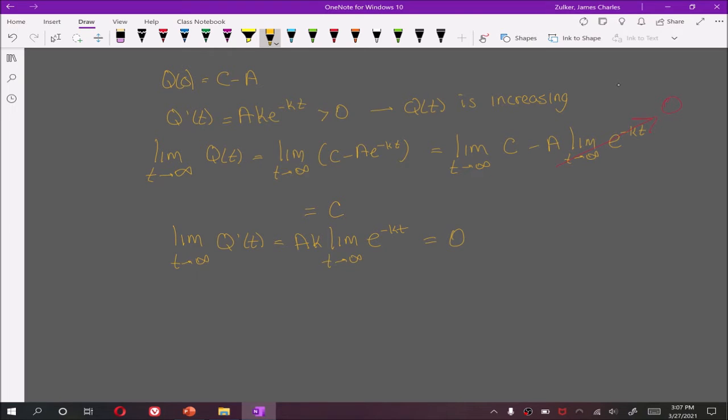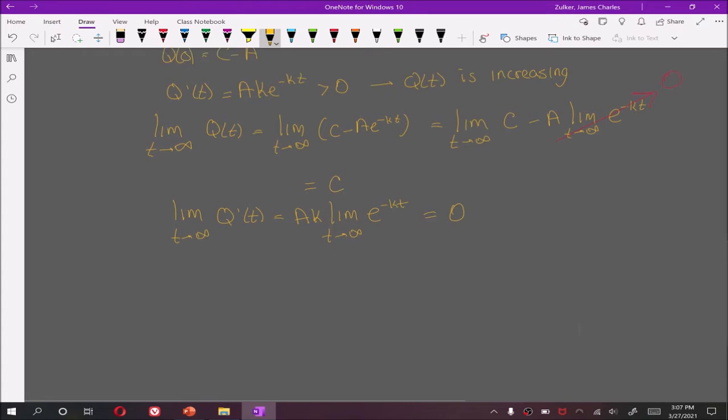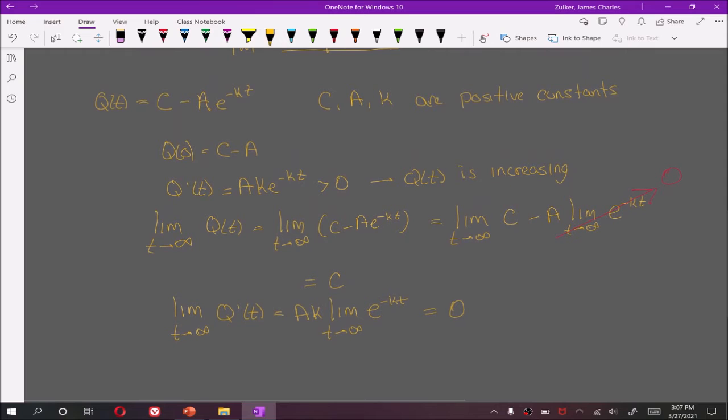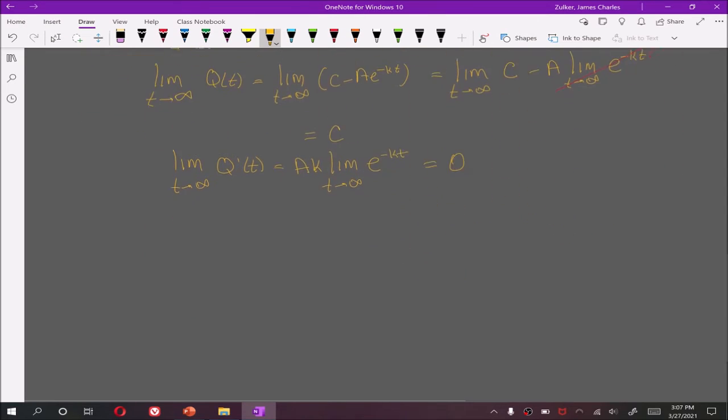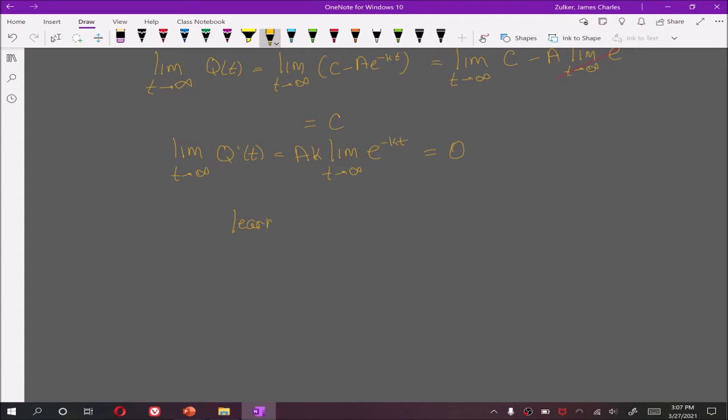So the rate at which this function grows is slowing down, and it's leveling out to c. Now, this behavior resembles the learning pattern experienced by workers engaged in highly repetitive work. For that reason, we call this function, this Q of t, the learning curve.